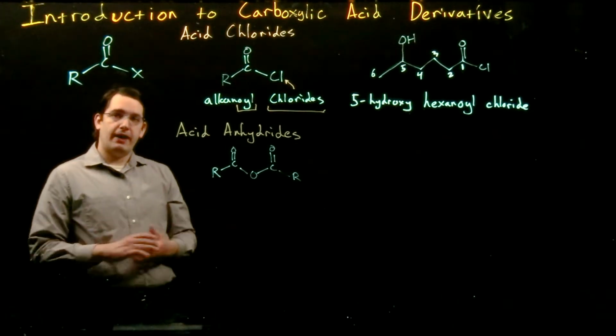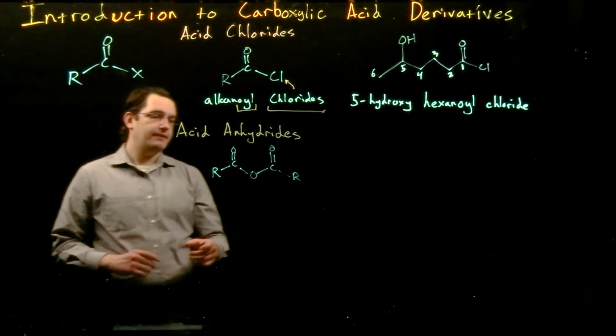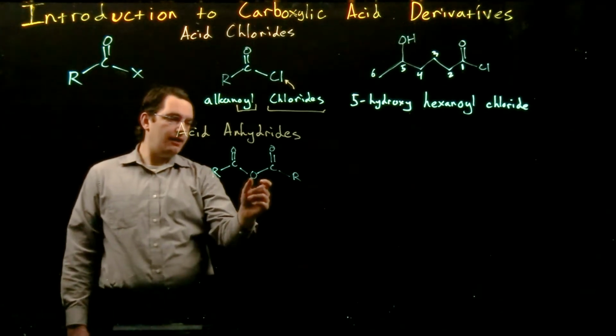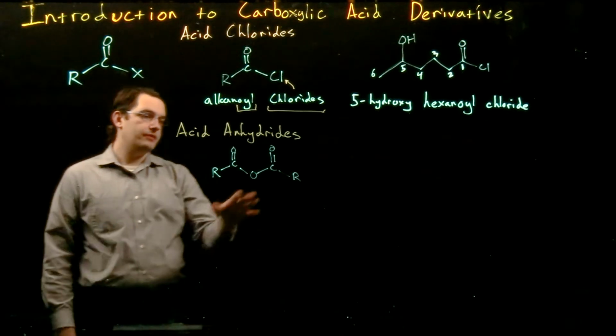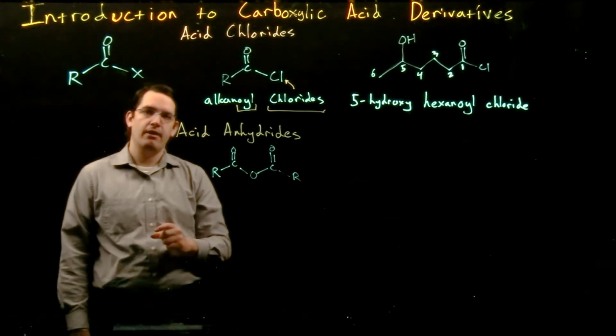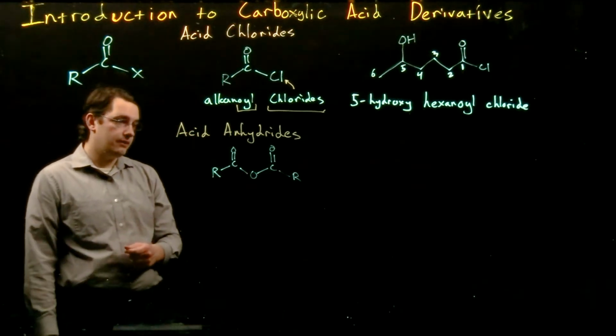Our next carboxylic acid derivative is the acid anhydride. So with our acid anhydride here, you can see our electronegative group is actually an oxygen bonded to a second carbonyl. So it's almost like two carboxylic acids sandwiched together with a single oxygen instead of their two different hydroxy groups.